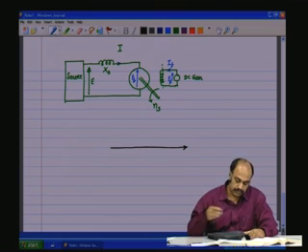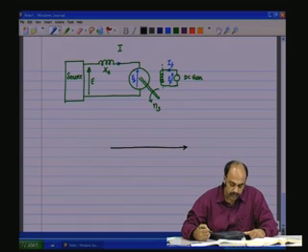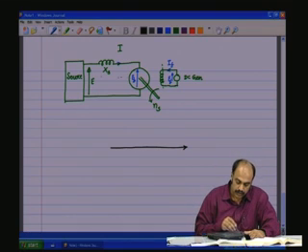Now the back EMF, there is a reactance coming into the picture. So the back EMF will also have the same amplitude of E, the same effective value of E, because there is not going to be any power dissipated in excess.